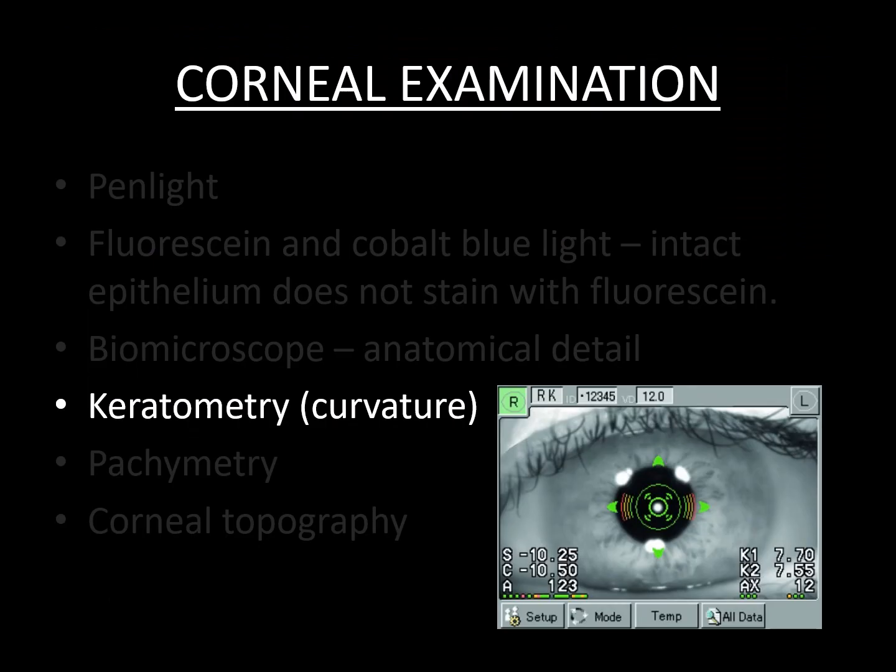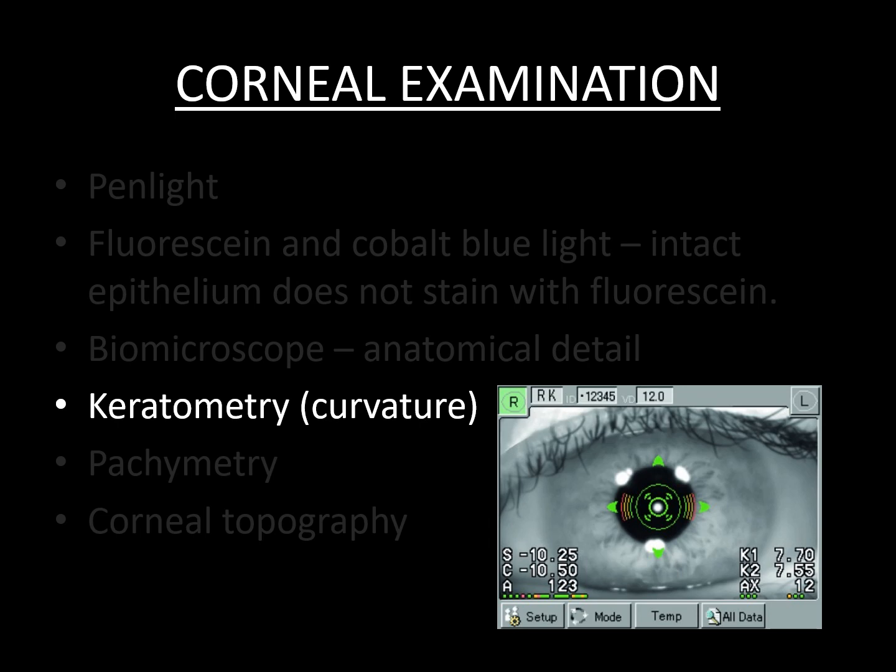Then keratometry can be done in various ways. It can be done manually, but it's very labor intensive. Nowadays there are luckily keratometry devices that do it automatically and give you a readout of the corneal curvature. In this instance, the radius is expressed in millimeters.